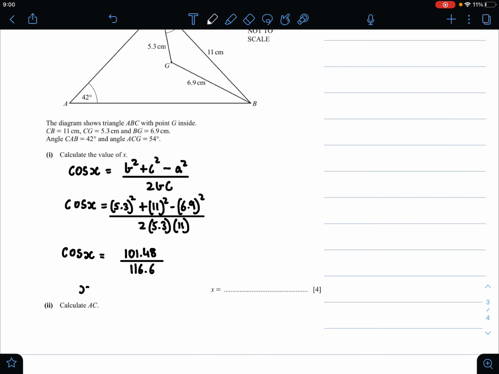So therefore x would be equal to cos inverse of this fraction. So 101.48 divided by 116.6 and cos inverse of this fraction. So that would be 29.50346.